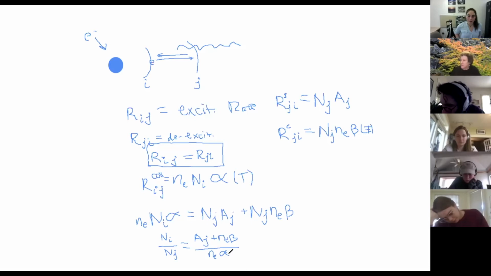So the number of atoms with an electron in the ith energy level divided by the number of atoms with an electron in the jth energy level is dependent on the temperature and the electron number density for the most part. There's also these alpha, beta, and this A, which are going to be things that we can figure out using physics, using quantum mechanics, and whatever model we're looking at.